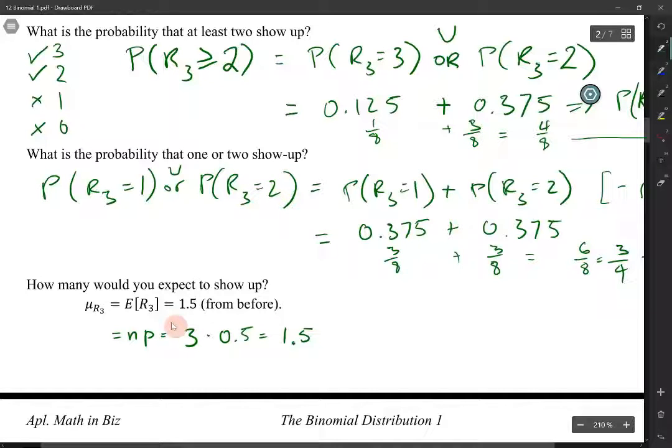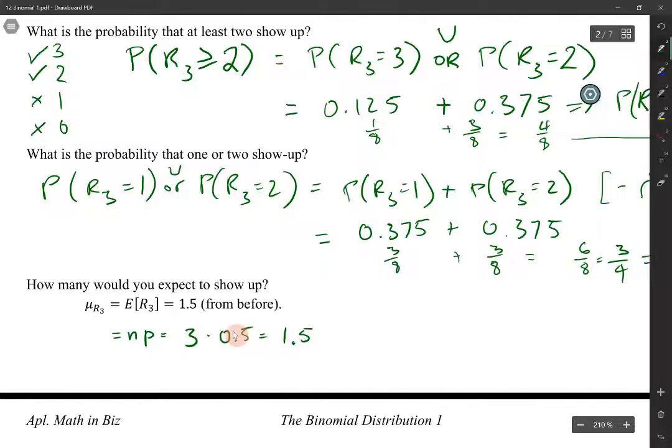Because if it's a 50-50 chance of showing, our example is 3, but to understand it you just take the number times the probability to get 1.5. Why should you expect this? Well, imagine instead of asking about all 3, you ask what you expect if just one of them would show up.